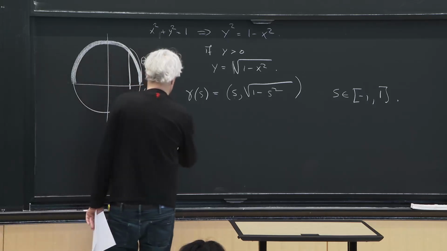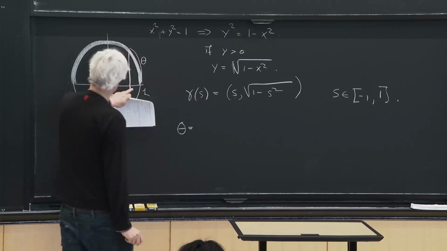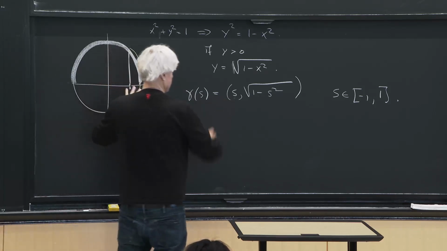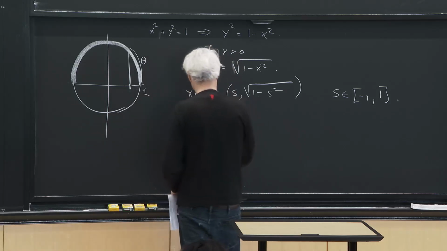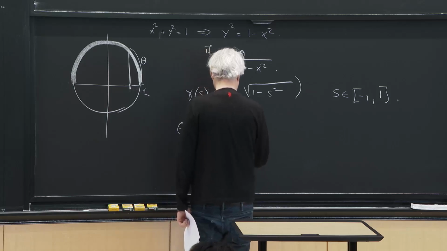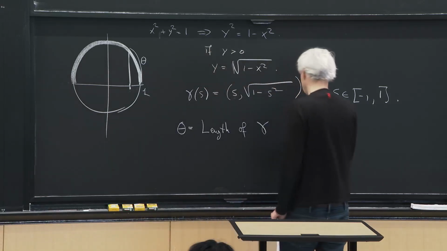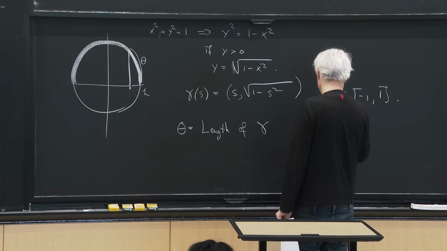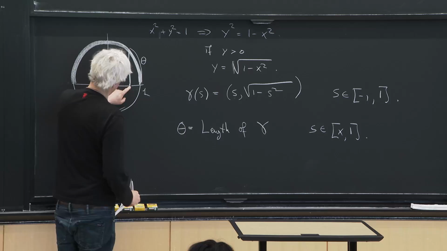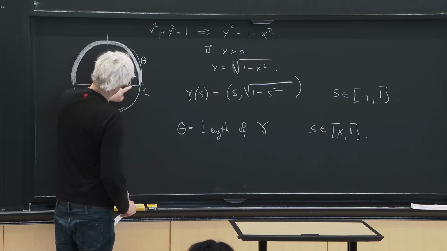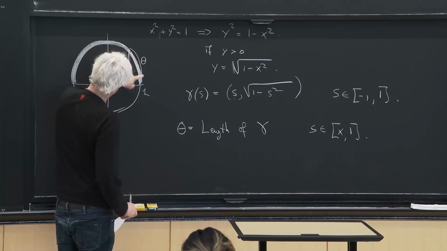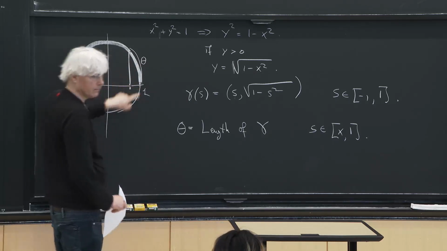So theta is equal to the length of gamma, but now s is running from x to 1, right? Because x is the first coordinate, and the first coordinate is running from x, from this point, to 1.